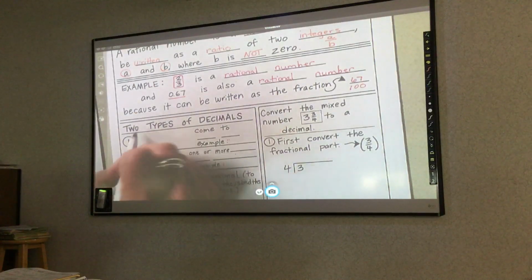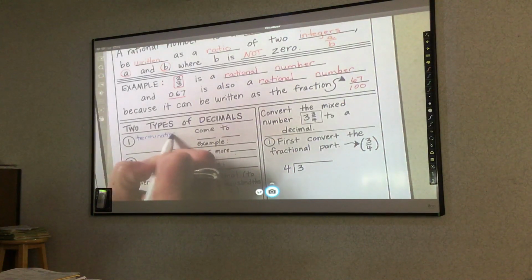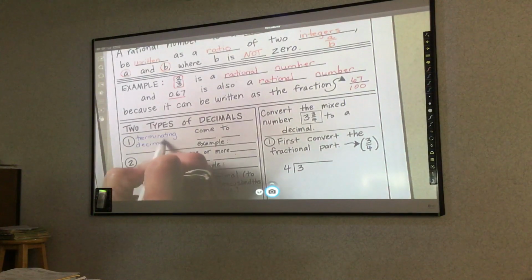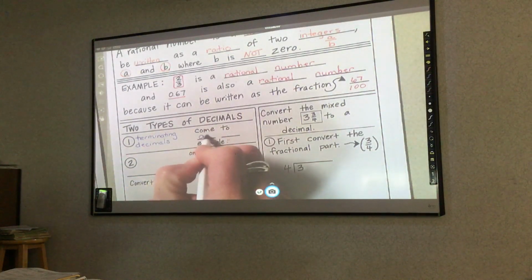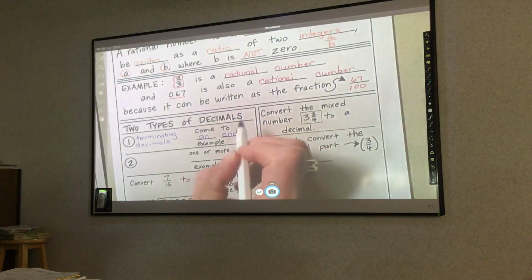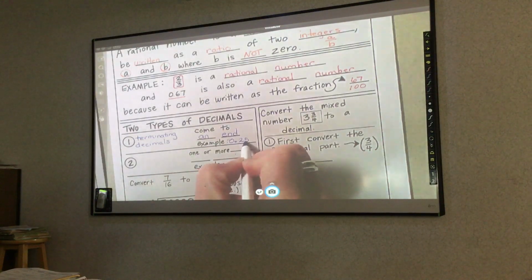It terminates. Very good. So we have terminating decimals. Come to an end. For example, 25/100.